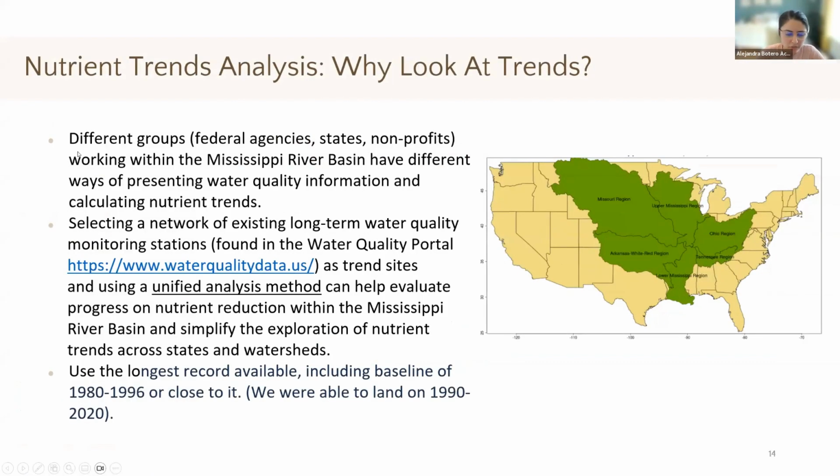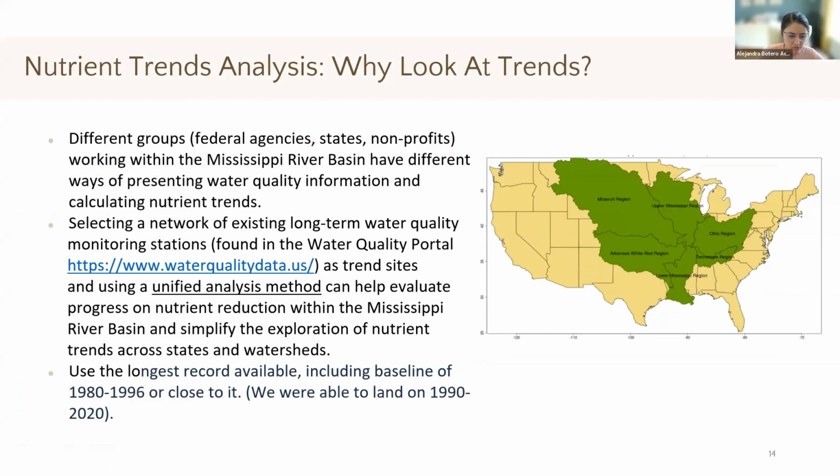I'm Alejandra Botero-Acosta, and I joined the Great Lakes to Gulf team to work on the trends analysis for the Mississippi River Basin. So initially, why did we decide to conduct this analysis? It's because we saw that multiple agencies at the federal and state level and some nonprofits were conducting trend analysis using different methods, data sources, and presenting the results in multiple ways.